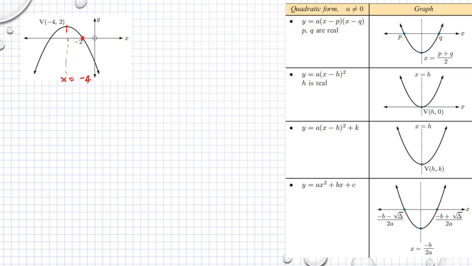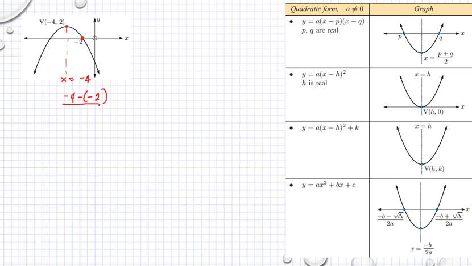That means -4 minus -2, what will be my line of symmetry?